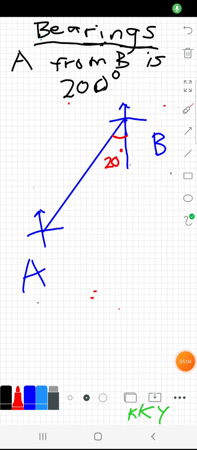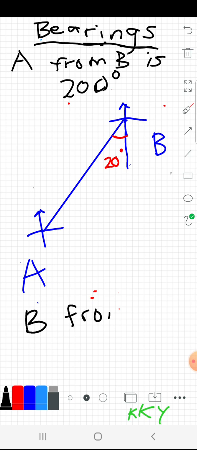So now this is what we have. This is the representation of the question. This is 20 degrees. This is the bearing of A from B as 200 degrees. Now I can decide to find the bearing of B from A. How do I find the bearing of B from A?